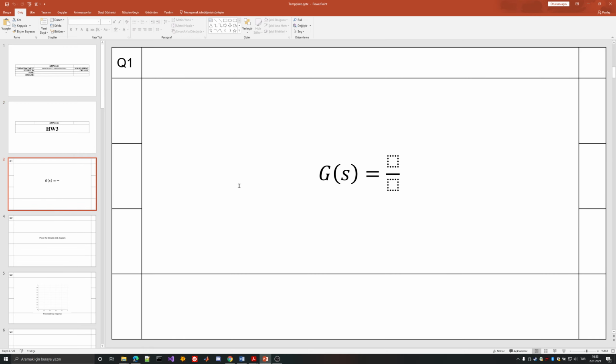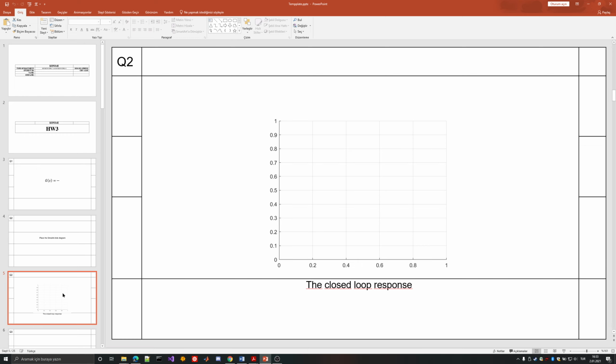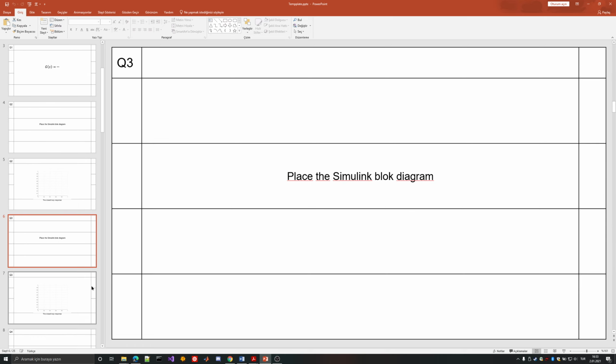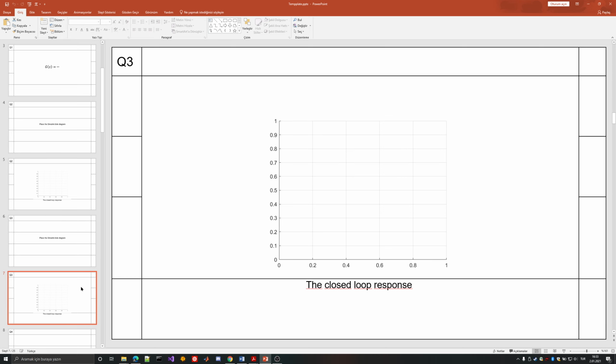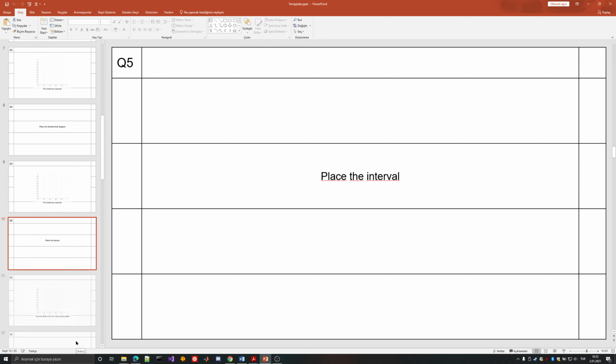For the first question, for example, you will put in the transfer function here, and place the Simulink block diagram that you've designed. If you have written some code, you might go ahead and illustrate that to me too, but most probably you will use Simulink since this is Smith predictor. For the second one, the closed loop response, second question, then place the Simulink block diagram. Again, some responses here. So please go ahead and fill these.